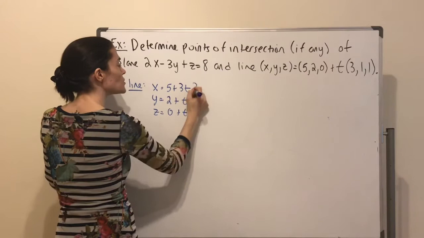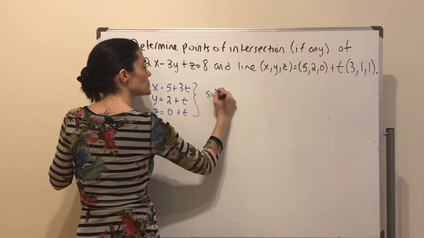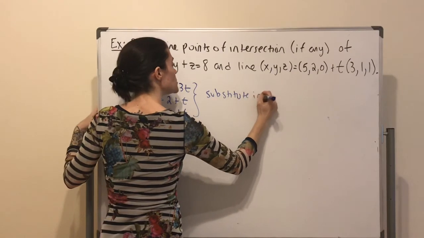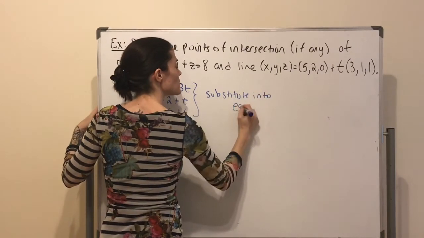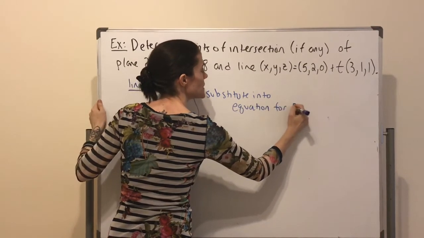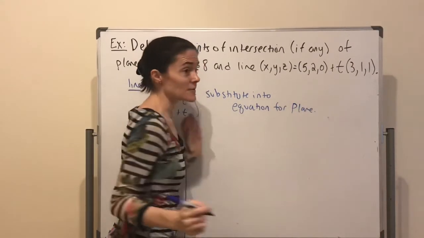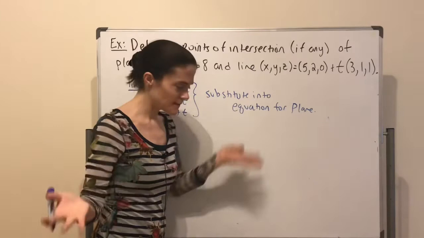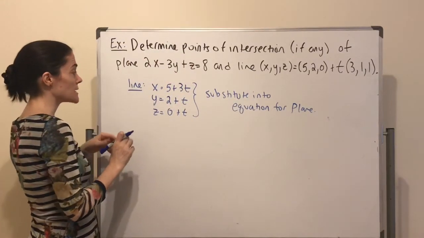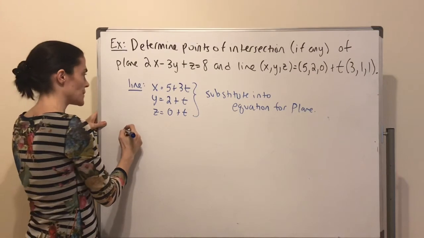So what we can do is just substitute into the equation for the plane and then solve for t. If we can solve for t, then we will have the intersection. Okay, so let's do this.